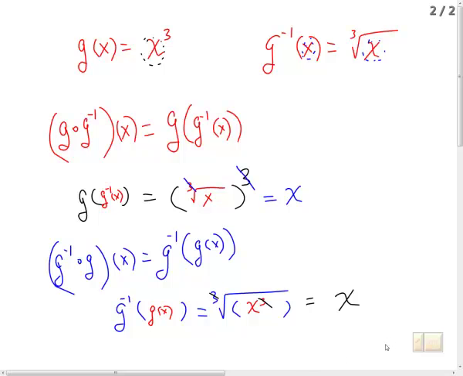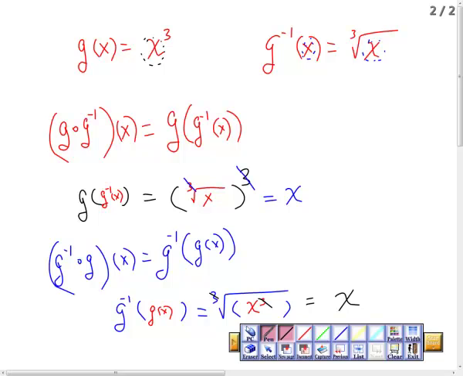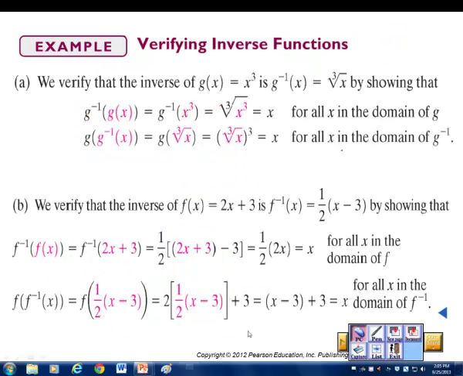And so that's a way that you can check to ensure that whatever you find for your inverse is in fact the correct, what you should have. And so that's what we have here. Here we want to verify that f of x is 2x plus 3, and its inverse of f of x is 1/2 x minus 3.